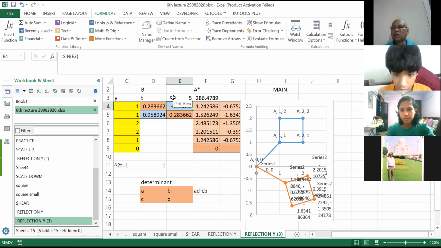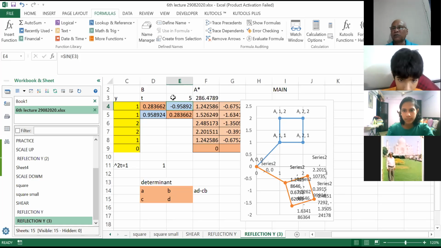We will do something so that when these values change, the rotation will happen. We will change the radians 1, 2, 3, 4, 5, 6, 7, 8 like that, and we should be able to see the rotation corresponding to that, and that is called animation. So tomorrow we will do animation of this, how to put that animation, because I think now it will close very shortly. So I am not going to discuss animation now.